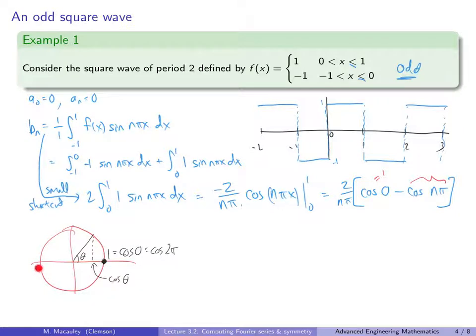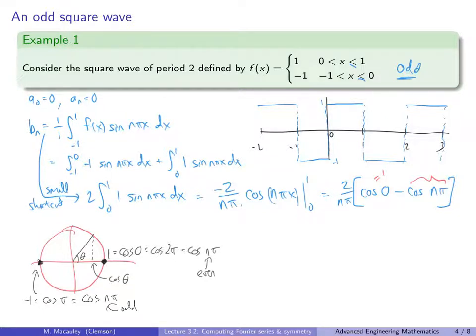If I go around twice, that's cosine of 2 pi, or just cosine of n pi, where n is even. And -1 is cosine of pi, if I go around pi radians, or 3 pi radians, or cosine of 3 pi. It's cosine of n pi if n is odd.